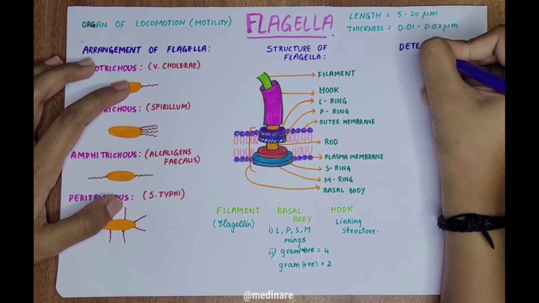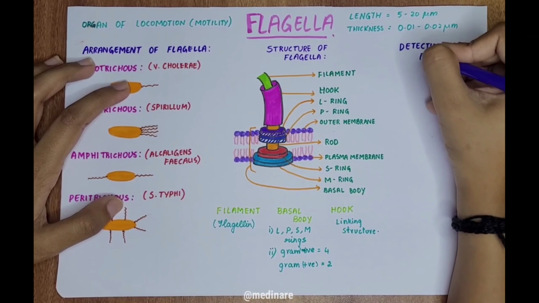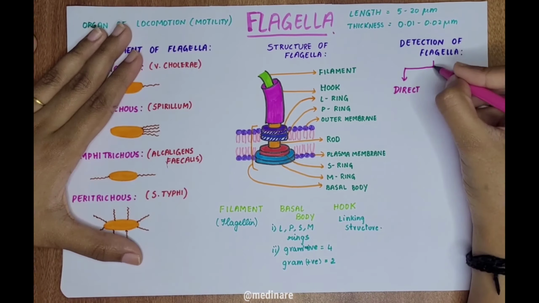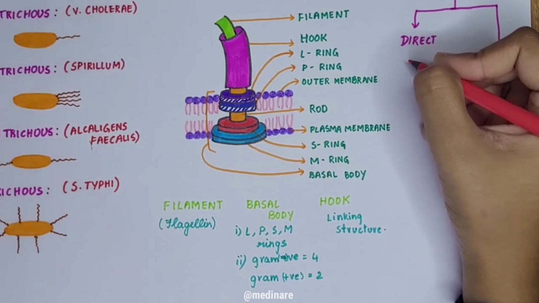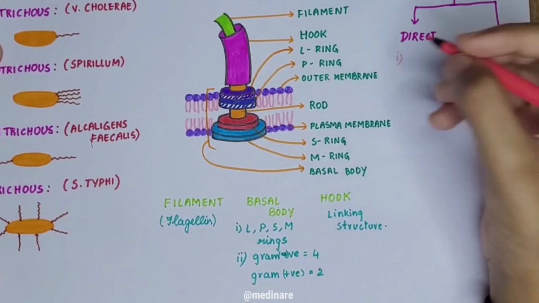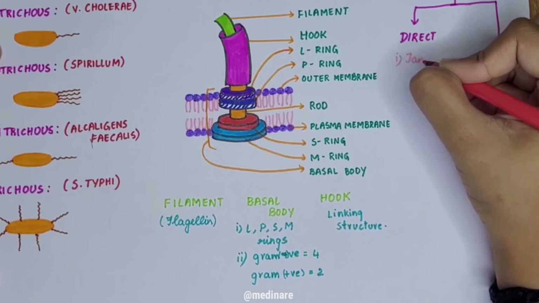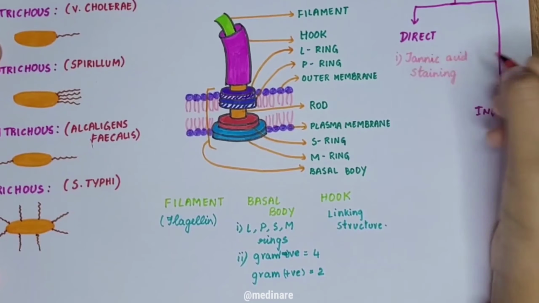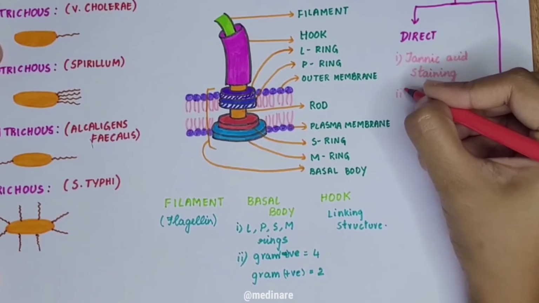We have two different ways to detect or demonstrate the flagella. Those two ways are direct and indirect. The direct ways through which we demonstrate flagella are tannic acid staining with the help of Leifson's method or Ryu's method.